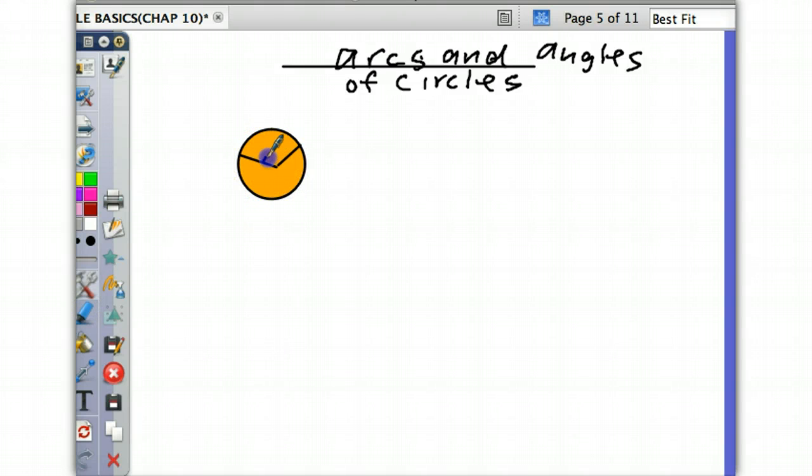This right here is called a central angle. Let me give this a name. AC. And let's say that this is a circle called circle P because the center is P. Go ahead and draw that. Then I'll tell you some things about this.